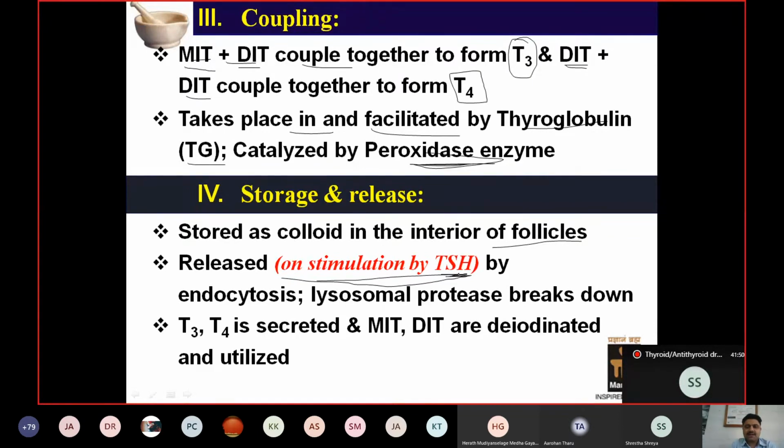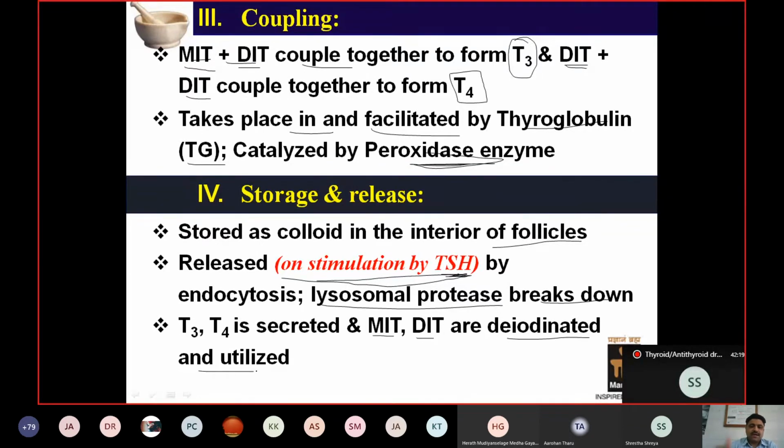When TSH is released from the anterior pituitary gland, lysosomal protease breaks down the thyroglobulin, and then T3 and T4 are released. Simultaneously MIT and DIT are also released, which are deiodinated and utilized.